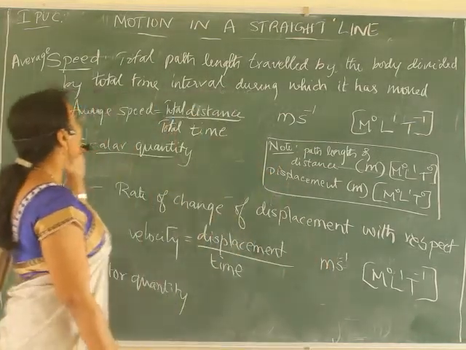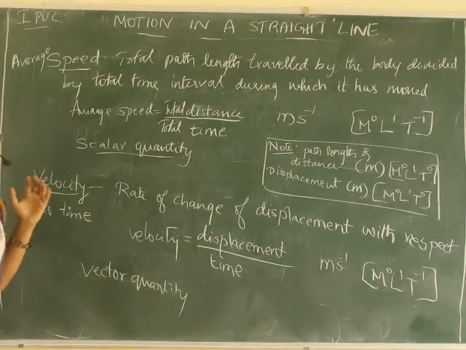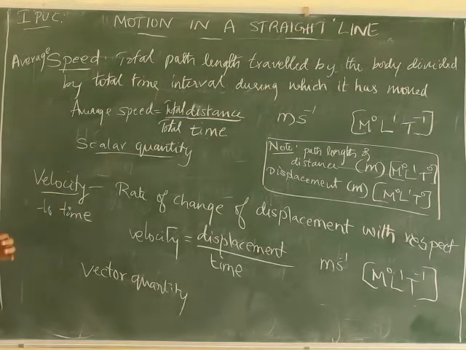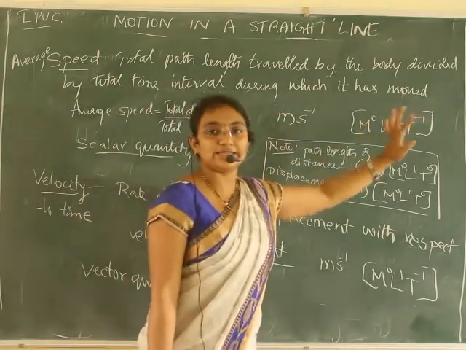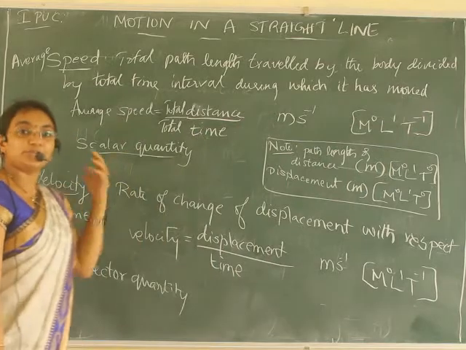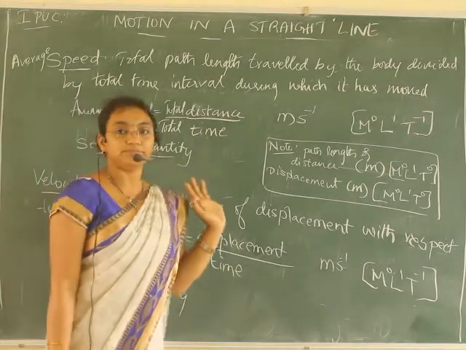So, define average speed: total path length traveled by the body divided by total time interval during which it has moved. Its SI unit and dimensional formula are the same. It is a scalar quantity.